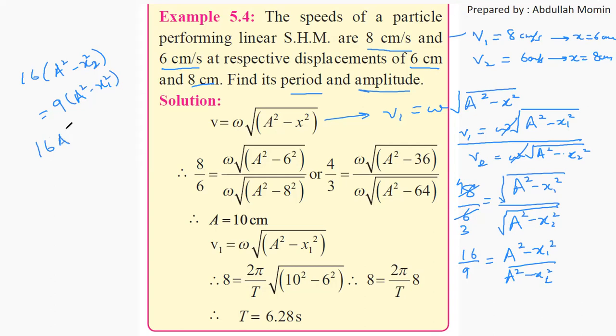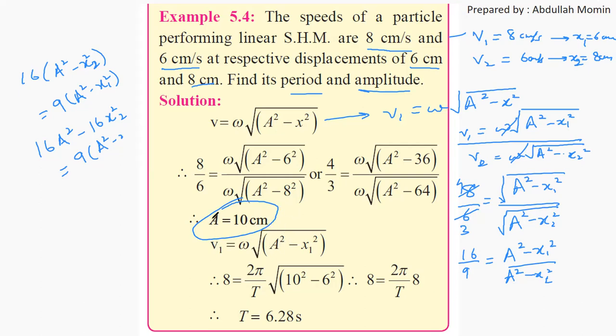So 16 A square minus 16 x2 square is equal to 9 A square minus 9 x1 square. This is your x1, this is your x2. So we are going to put the values of x1 and x2, and when you solve it, you will get A is equal to 10 centimeter.